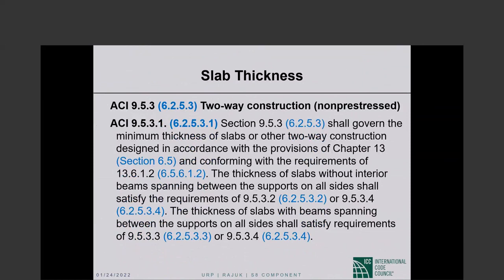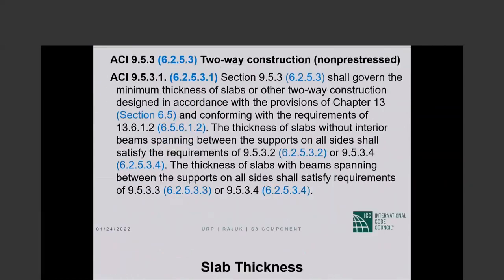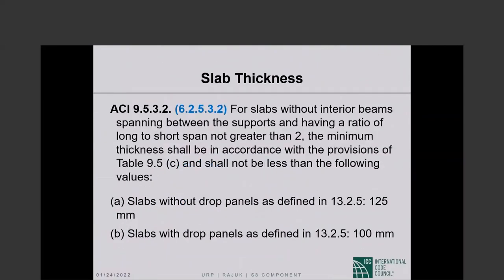Okay, this talks about minimum thickness and which section or table you go to. For slabs without interior beam spanning between the supports, having a ratio of long to short span not greater than 2, the minimum thickness shall be in accordance with table 9.5c.